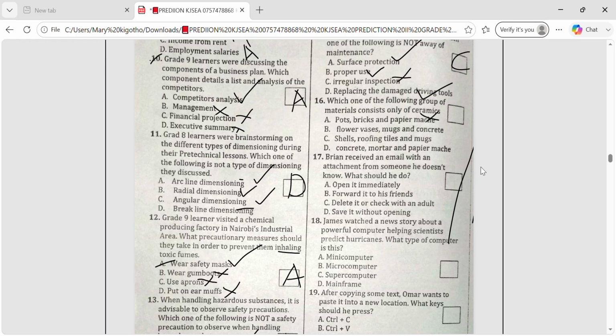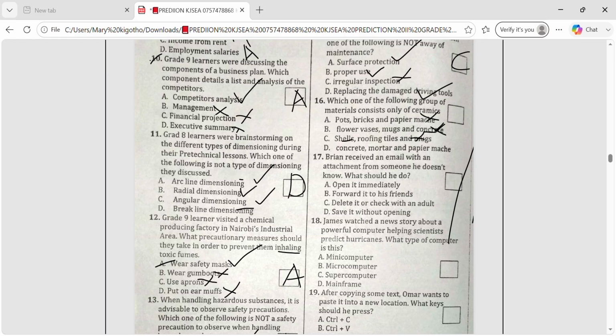So concrete, you know, these are cement based, so that's not a ceramic material. Shell, roofing tile, and mugs. So shells isn't typically a ceramic either, but roofing tiles and mugs are ceramic. So here shell is the odd one out.